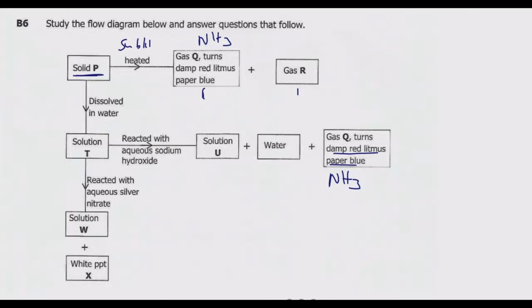Now in question B1, we talked about the 4 substances that sublime. And these are ammonium chloride, ammonium sulfate, carbon dioxide, and also iodine crystals. Because we are getting ammonia gas, P can only be ammonium chloride. So P is ammonium chloride.